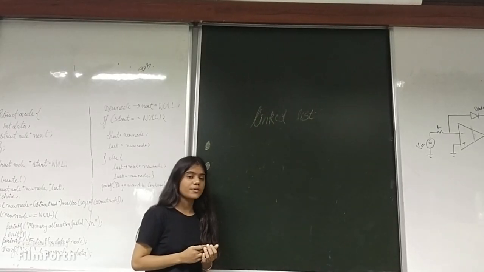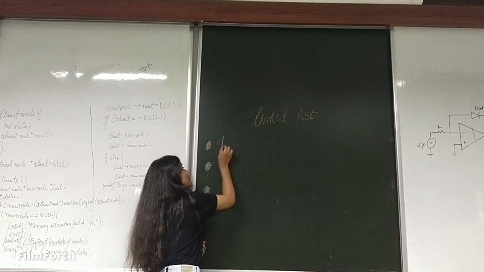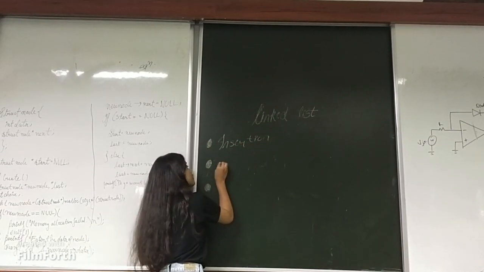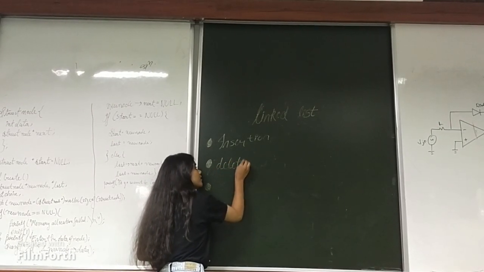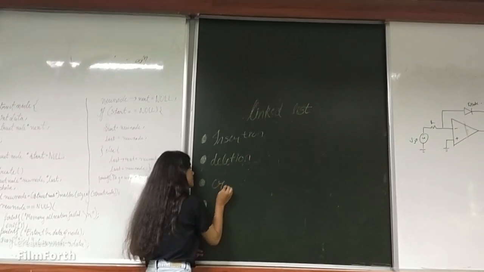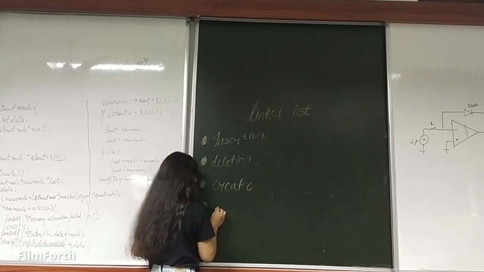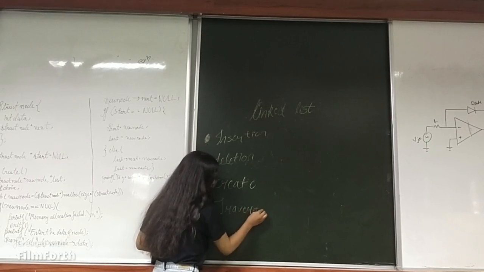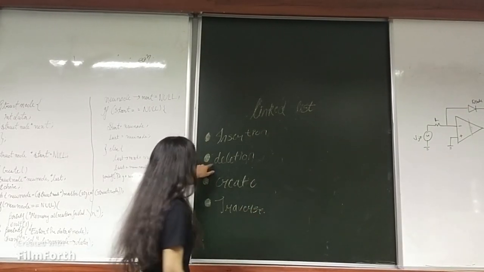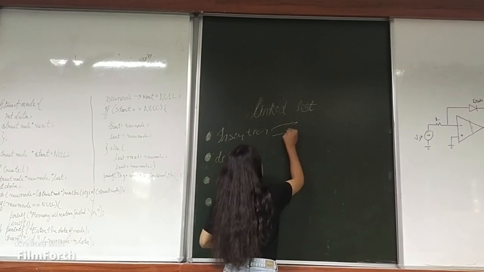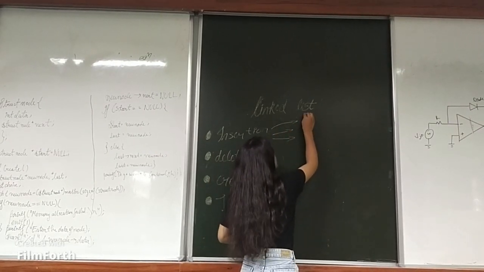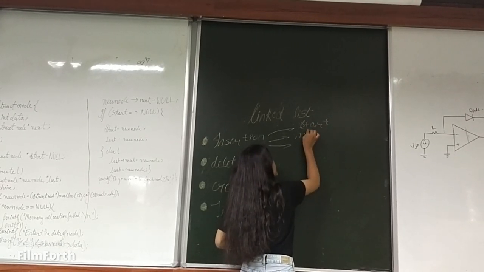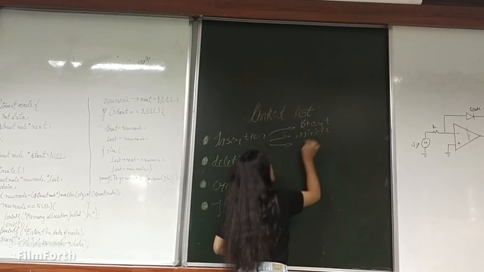We can perform operations like insertion, deletion, create and traverse. In insertion and deletion, we do have 3 more types: insertion at start, middle and last.